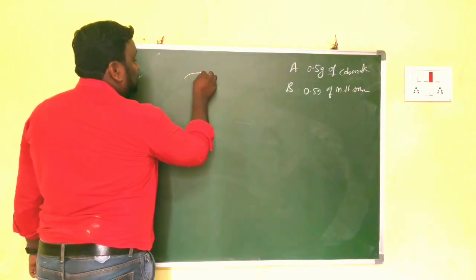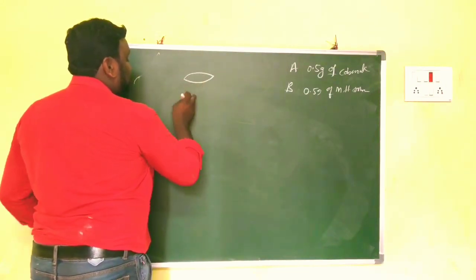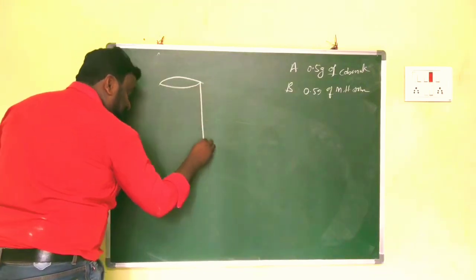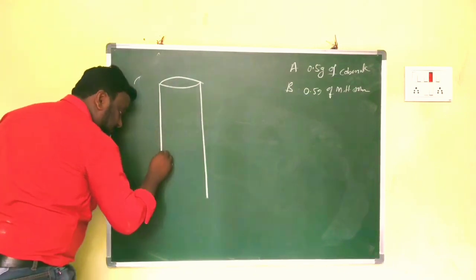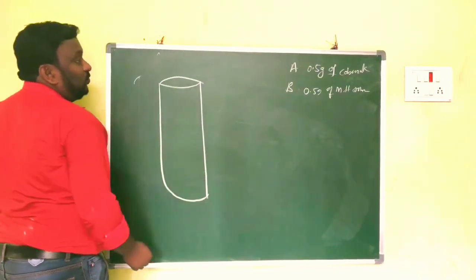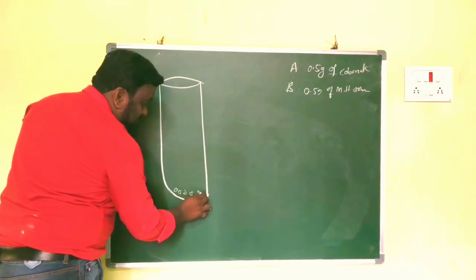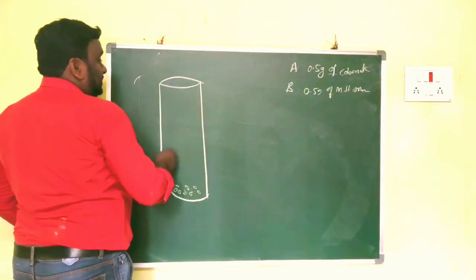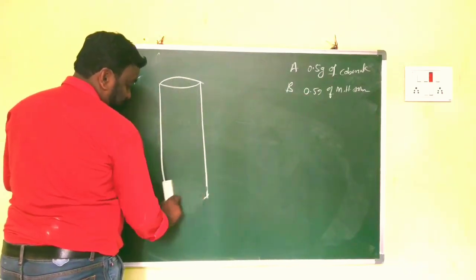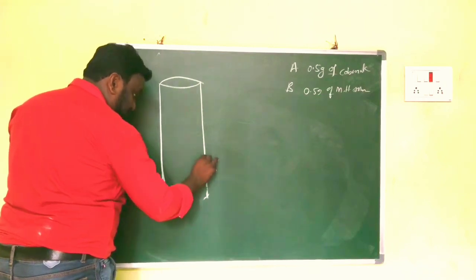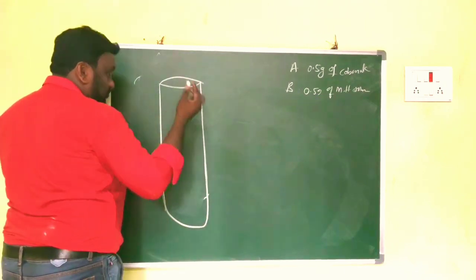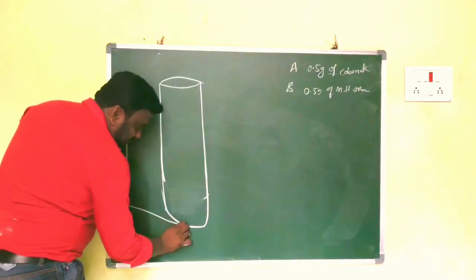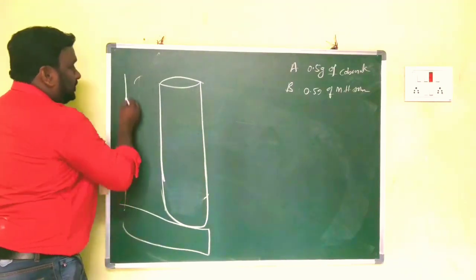The experimental setup should be shown like this. First we take test tube A. This is the test tube A we are taking. In that, what do we have? Sodium carbonate. Here we are fixing a retort stand.